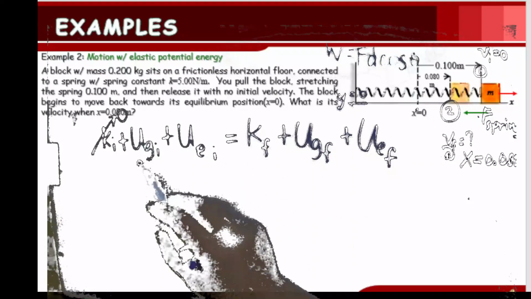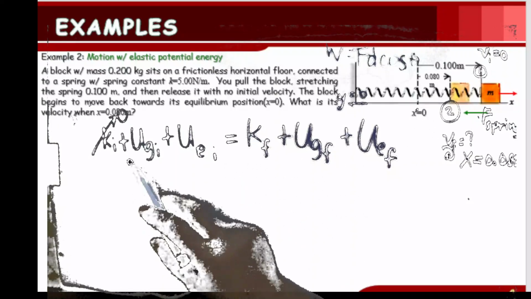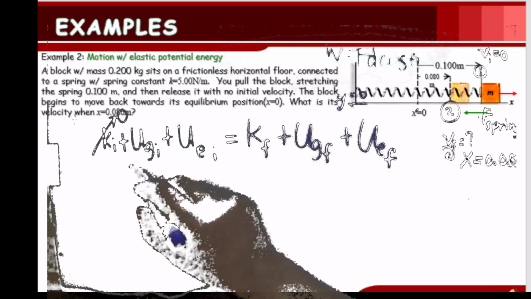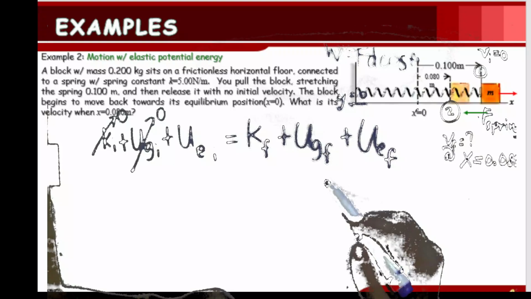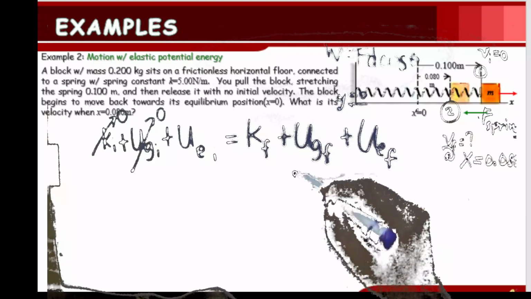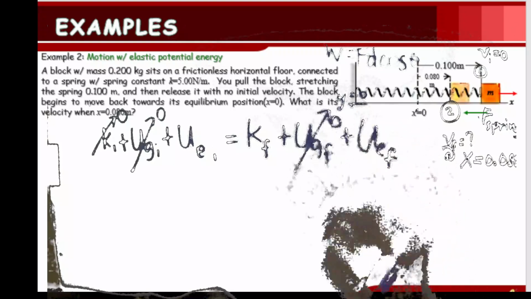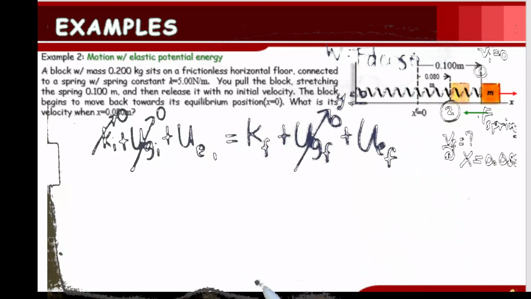So your initial gravitational potential energy will be 0, and your final gravitational potential energy will also be 0.